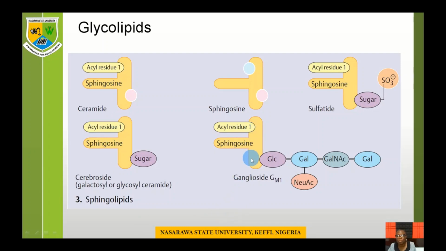They still have sphingosine, just like the sphingophospholipids, and they also have fatty acid esterified to the sphingosine alcohol, but they do not contain phosphate. They contain sugar. Cerebroside has a sugar, ganglioside has a complex sugar, whereas sulfatide also has a sugar and a sulfite group attached.